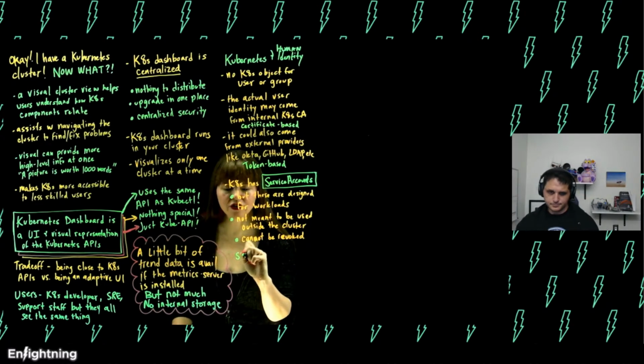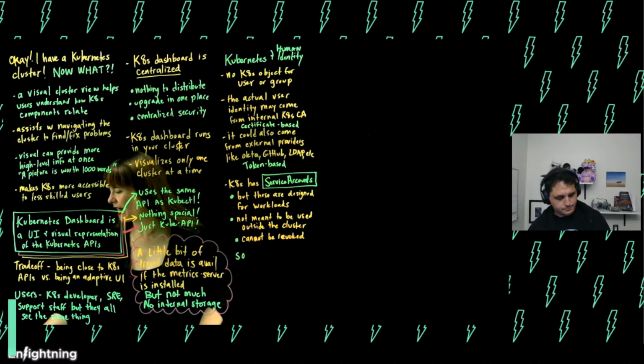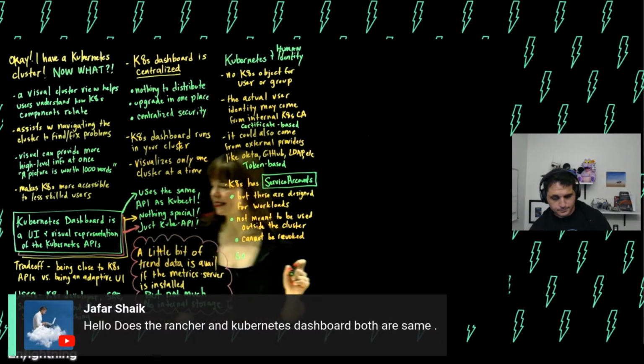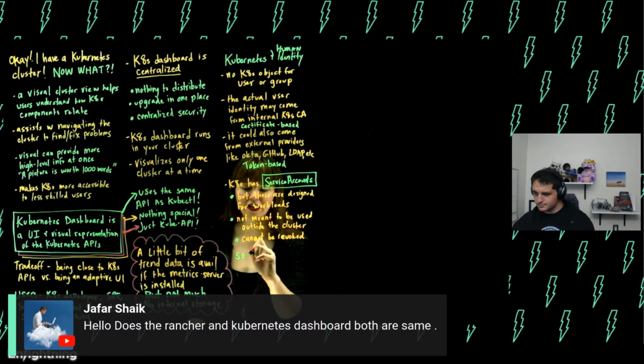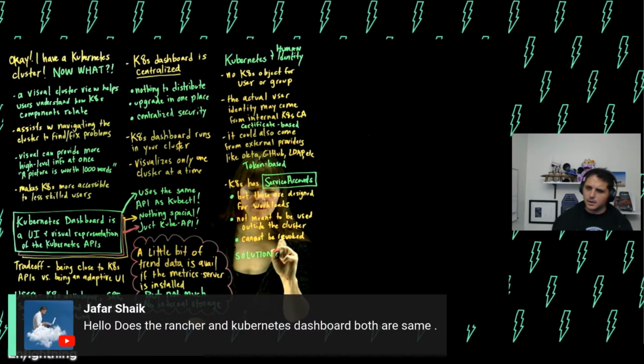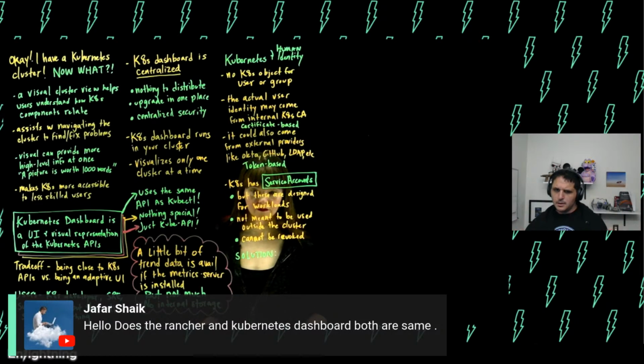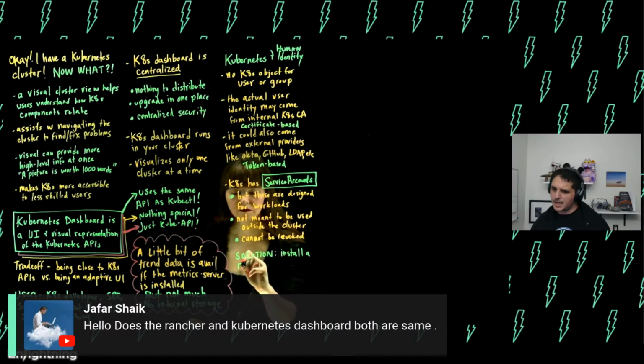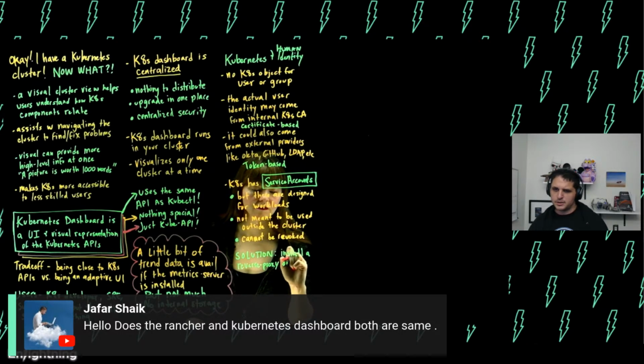We have a question. How does the Kubernetes dashboard relate to the Rancher dashboard? Rancher provides its own holistic approach to managing clusters. If you're using the Rancher dashboard or Rancher in general, you probably wouldn't need the Kubernetes dashboard because Rancher has all those functions.